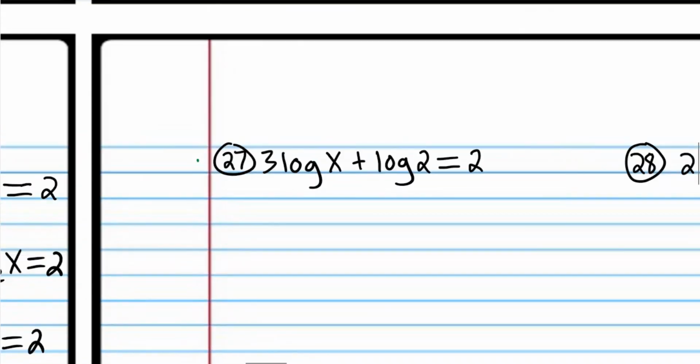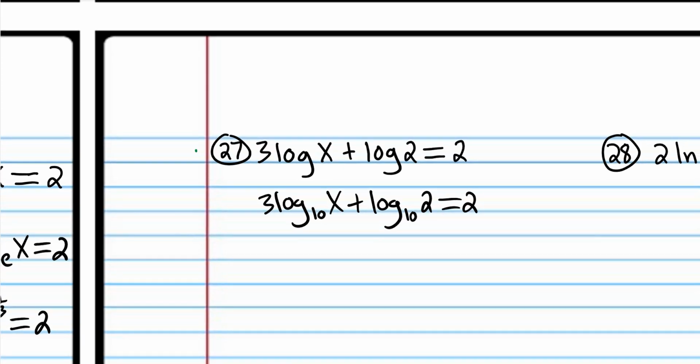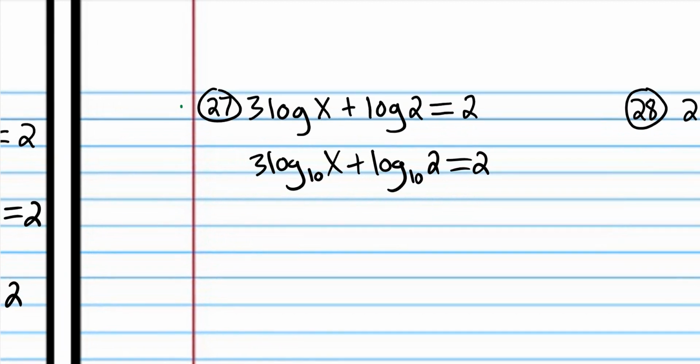Okay, we're back. These are base 10 logarithms. I know that because there is no base written. When there's no base written in the logarithm, that means base 10. Now I want to combine these logarithms, but I can't because we have that 3 there.